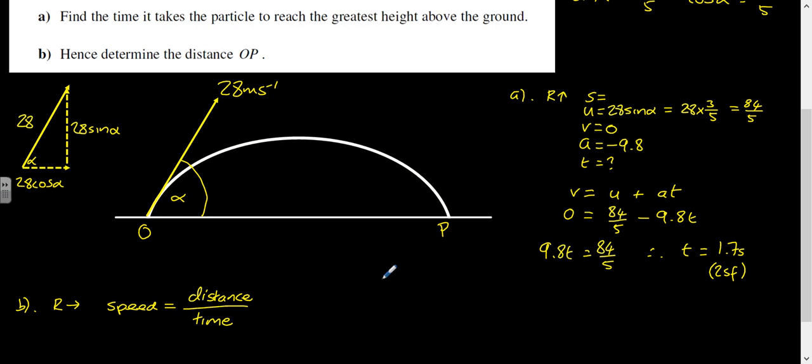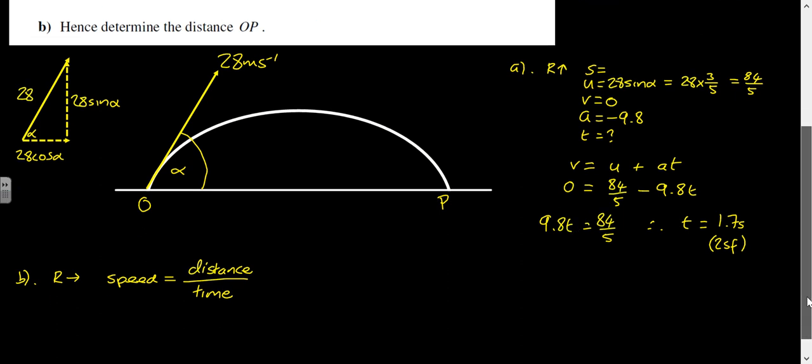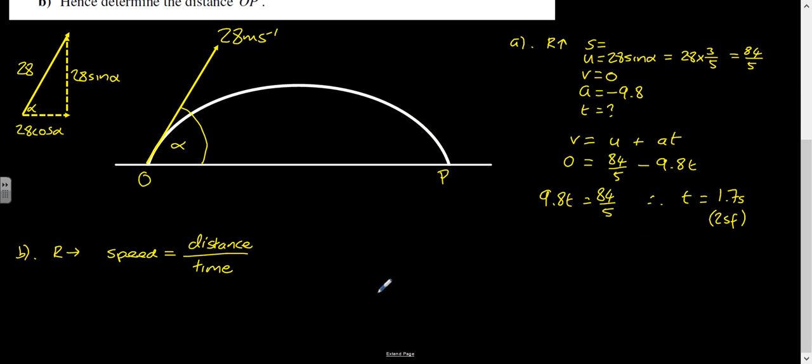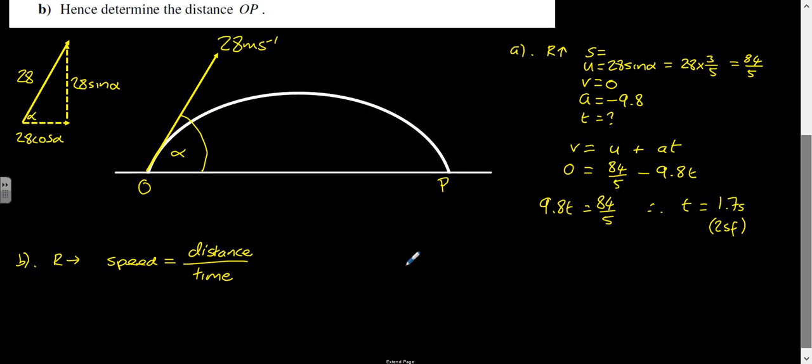So it's not even a suvat question. It's just speed, distance, time. So if we're trying to determine the distance of OP, I'm going to use the s, the u, and the t, just because although we're not using the constant acceleration, it's what we're used to using in this question. So find the distance, I'm going to multiply the speed by the time.